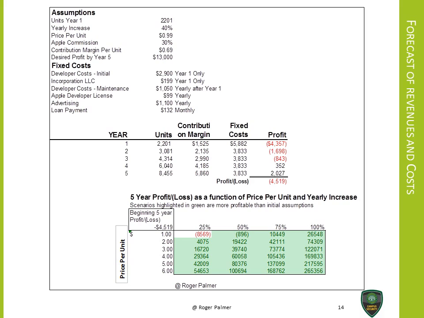And at the bottom of the page, we take those same forecasted revenues and vary the price per unit and vary the percentage of increase over every year to show you the difference that can be made in the 5 year profit column.